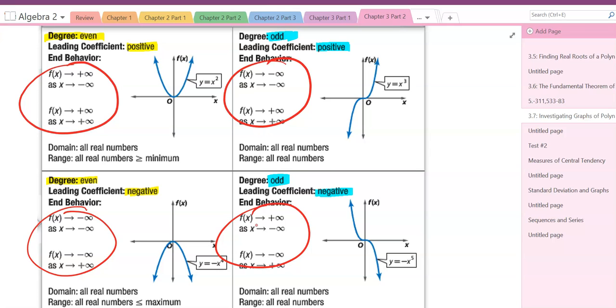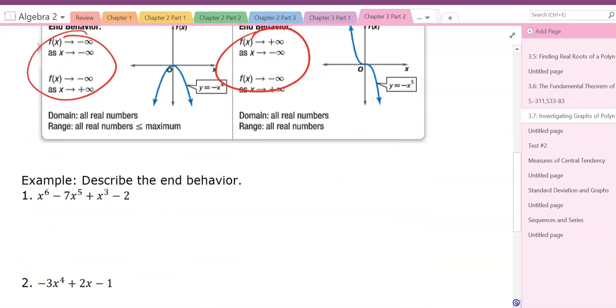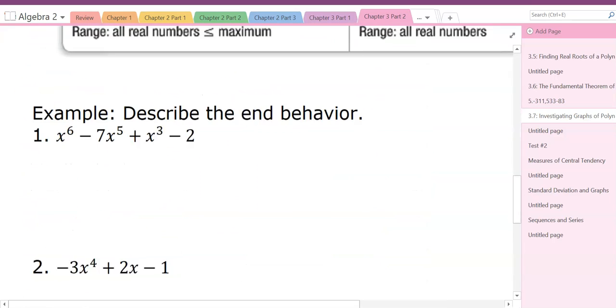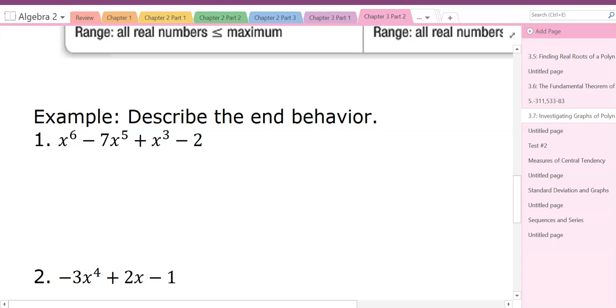So let me show you what I mean. Let's take a look at this first one: x to the 6th minus 7x to the 5th plus x to the 3rd minus 2. All you need to do is look at the very first term. Okay, x to the 6th. So the exponent is 6.